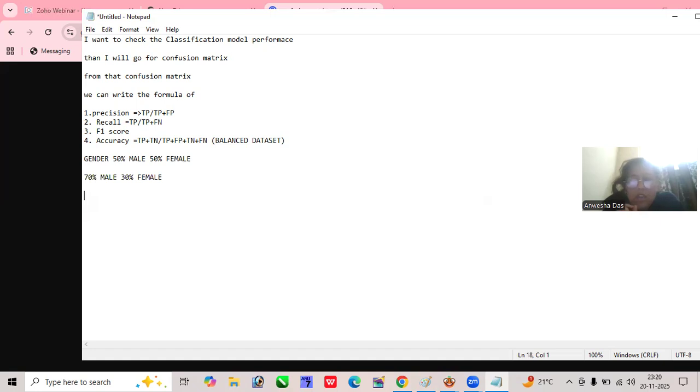Got it, guys? A balanced data set means the equal distribution of data, like 50-50, 60-40, it is also fine. But if one is extremely high and one is extremely low, that is the part of your imbalanced data set. Don't go for accuracy for an imbalanced data set.